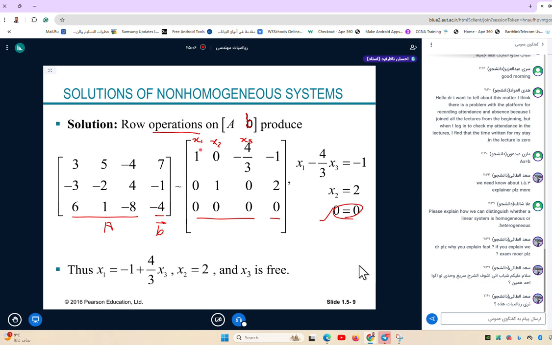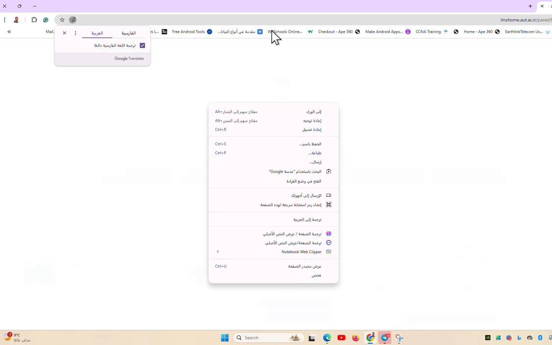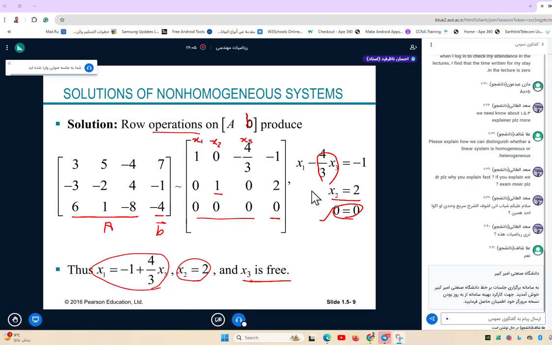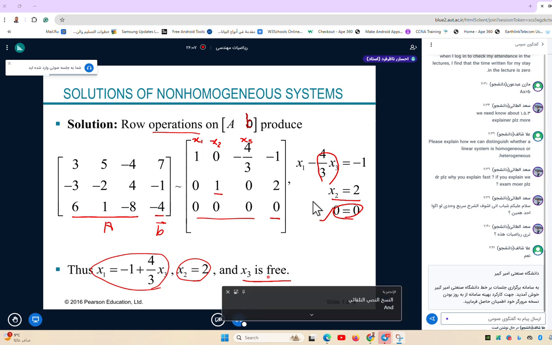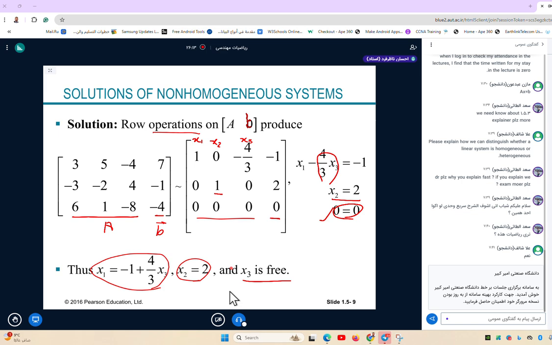Here, x3 is free. This means that you can have any number that you would like and substitute it for x3. So this is a way to solve a non-homogeneous equation.